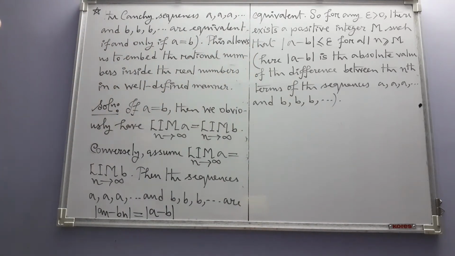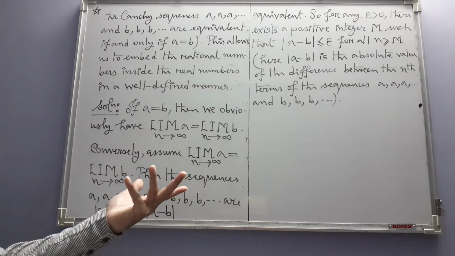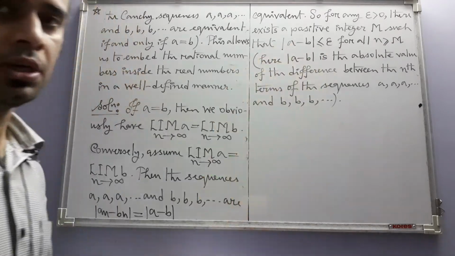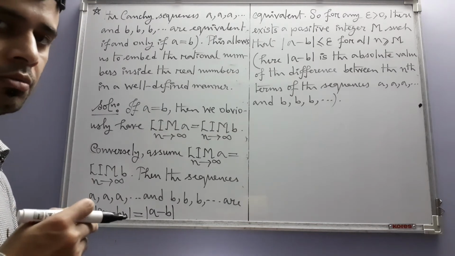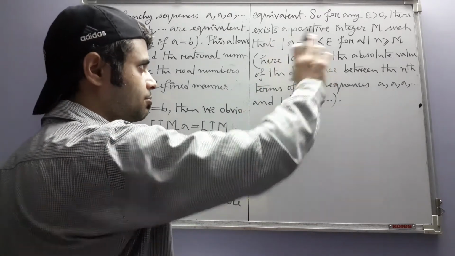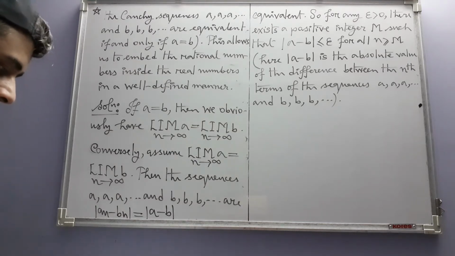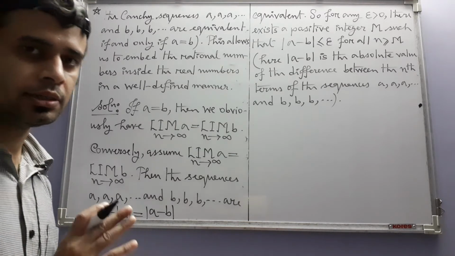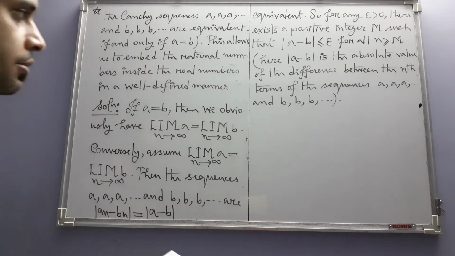Okay, now note that for any positive rational epsilon, this difference has to be less than or equal to epsilon, and you can make epsilon however small you want, still this quantity has to be less than or equal to epsilon. And this is the time we refer to one of the results about absolute values and distances that we proved when we developed the system of rational numbers.